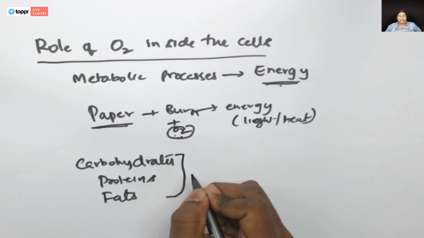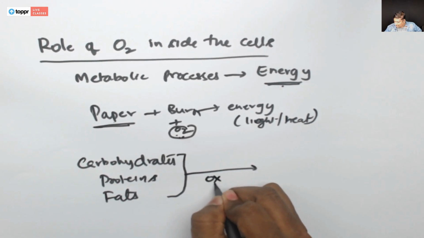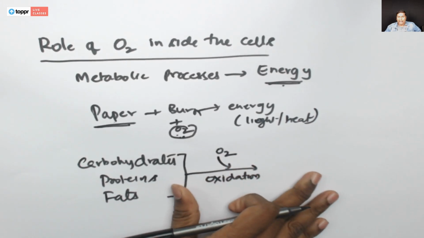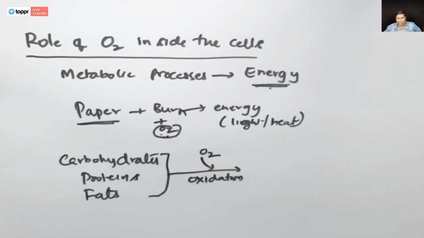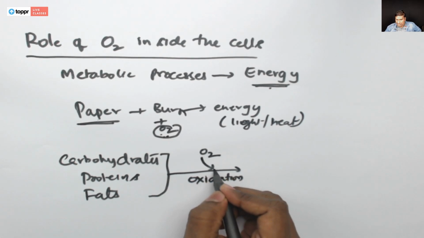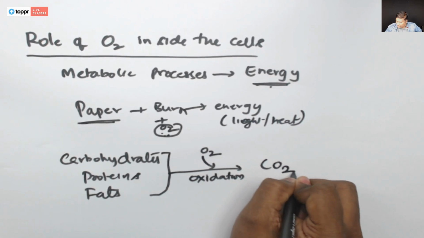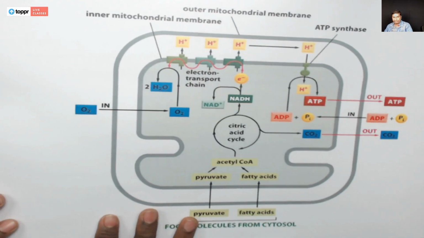Whatever the food material, burning is nothing but oxidation. Oxidation requires oxygen, and this oxygen is coming from your breathing process. This oxygen is used, and they are finally burned to release carbon dioxide. So this is what is happening here.